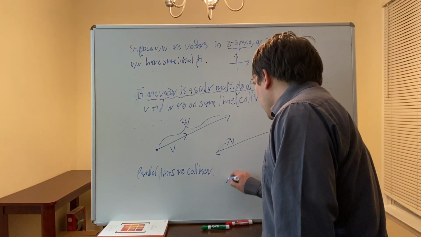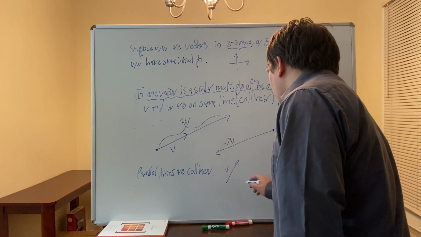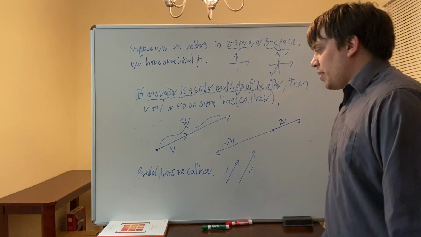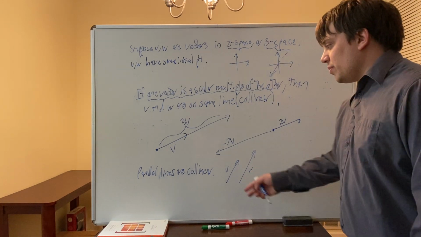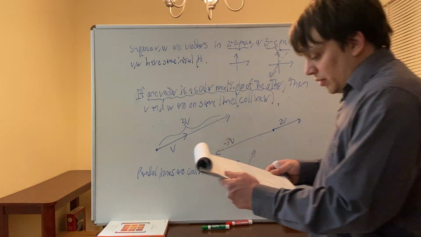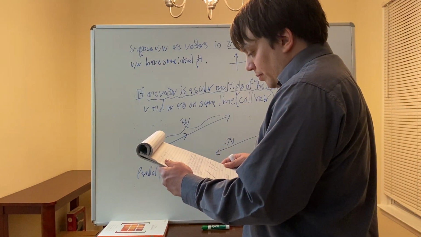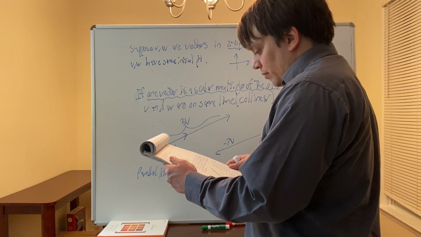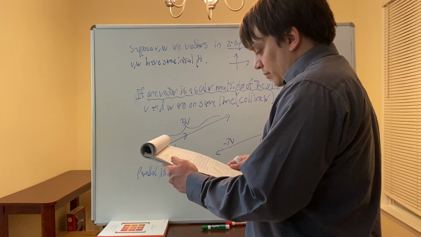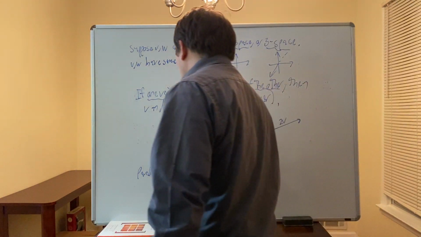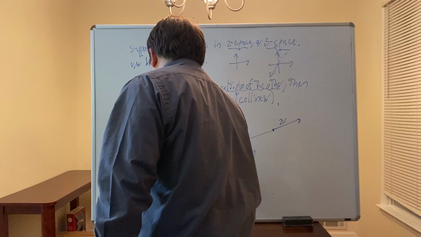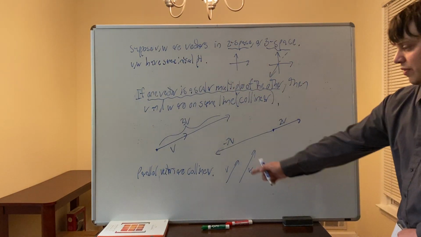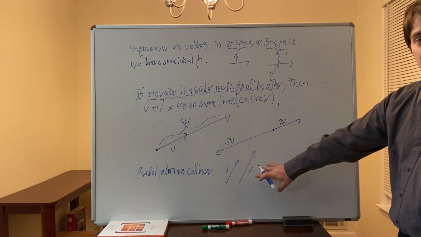But if you have a vector v here and a vector w here, they don't have to be the same length. These two vectors v and w are parallel, right?